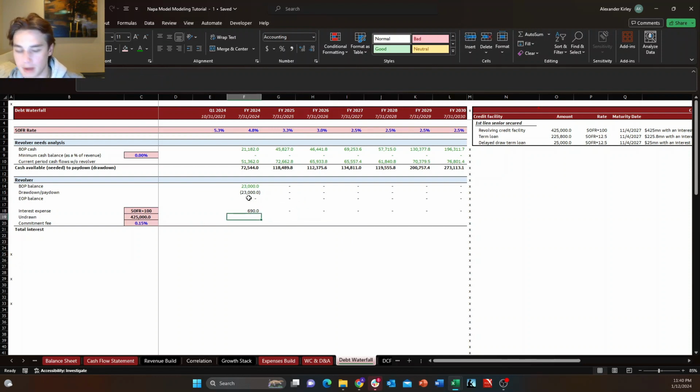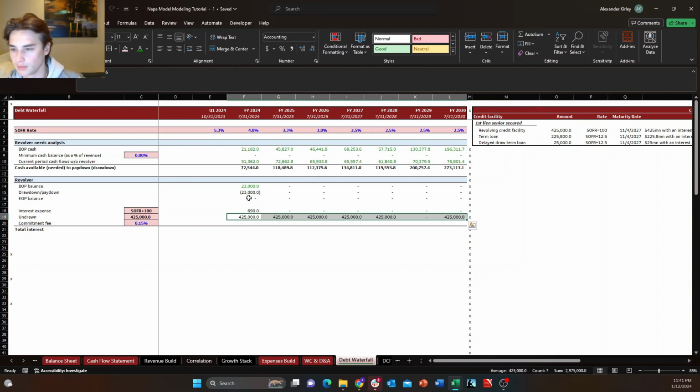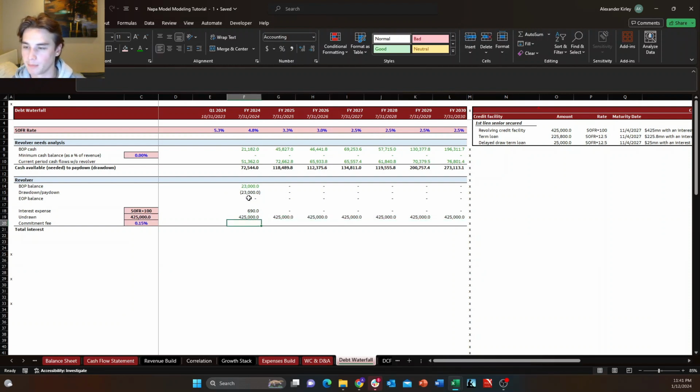Now for the undrawn amount, it's rather simple. All I'm going to take is the full amount, and then I'm going to subtract the end of period amount in the revolver. Forgot to fix it. There we go.